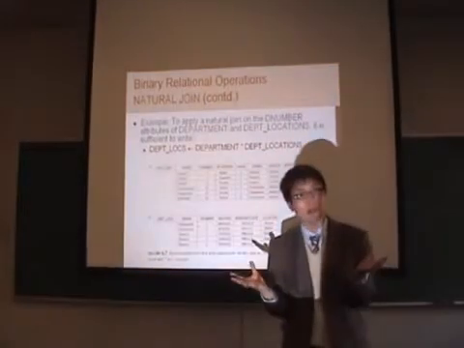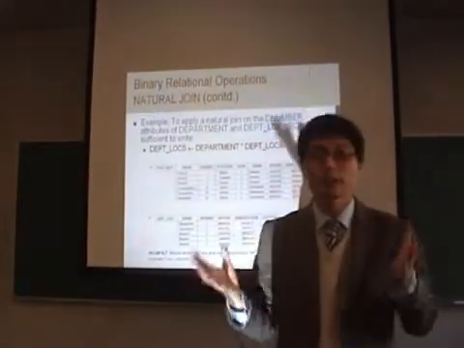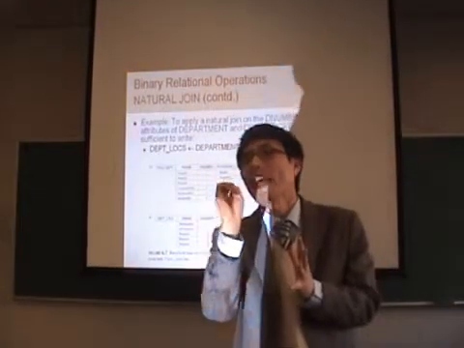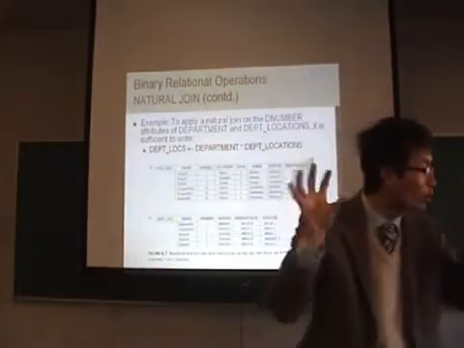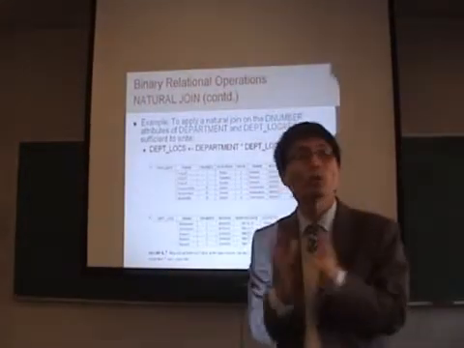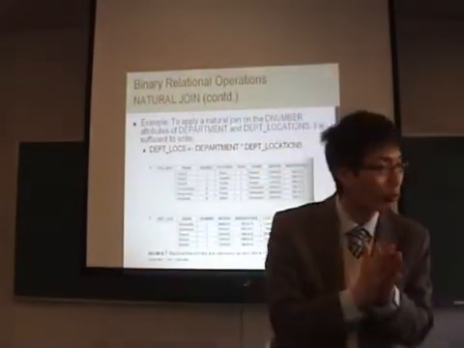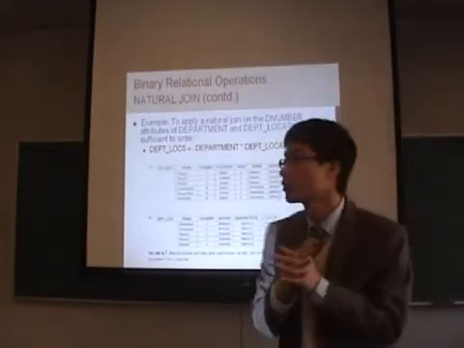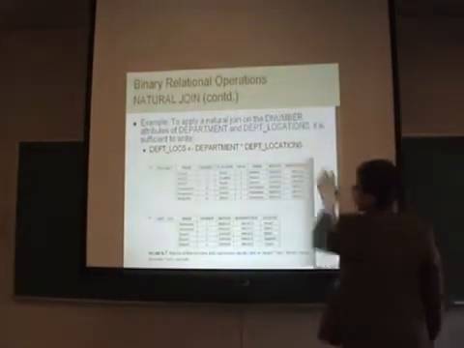Both of them have the D number. In case there is a common attribute between the two when you join, we don't have to specify the join condition. Automatically, we join with the common attribute name. That is called natural join.